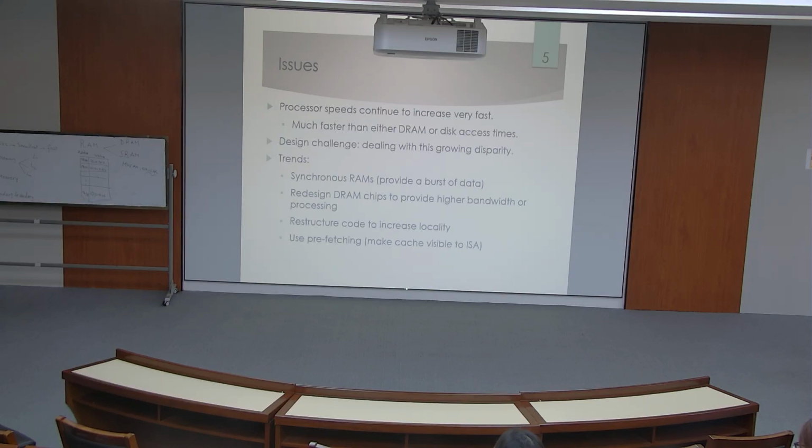Now, there are some issues in the computer system. What is the fastest computer component that we have? We learned about the different components of a computer system. Which one do you think is fast?